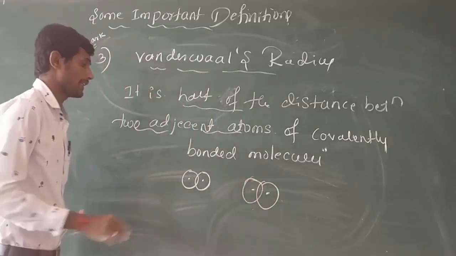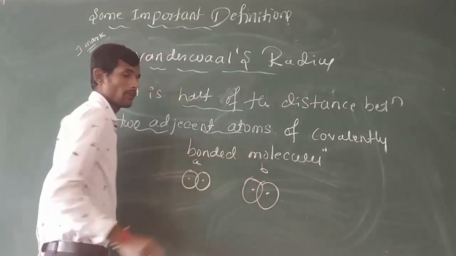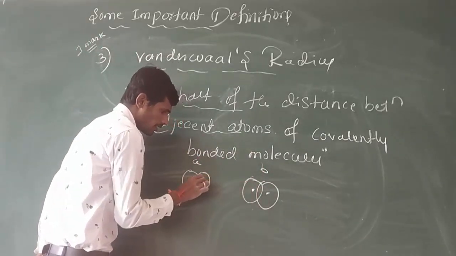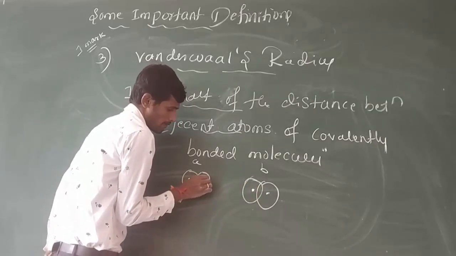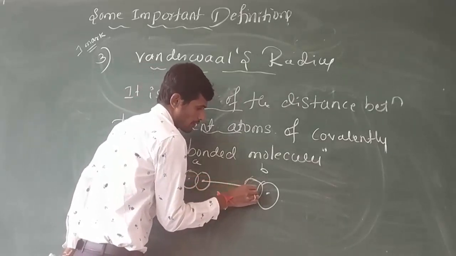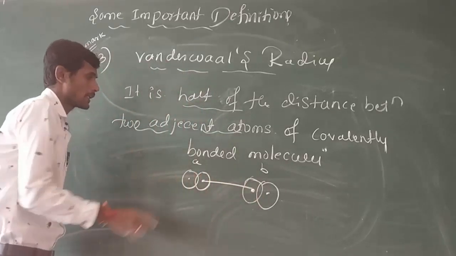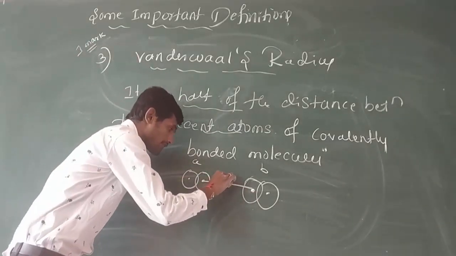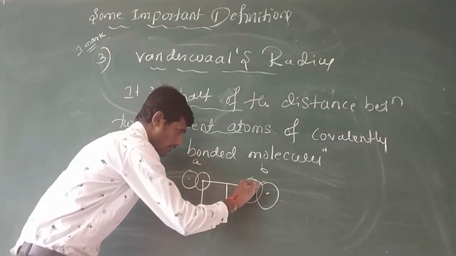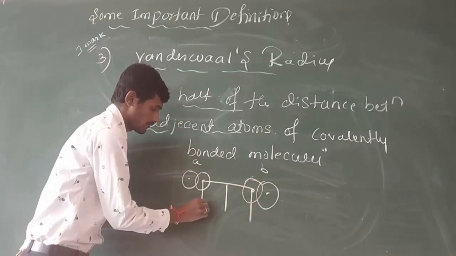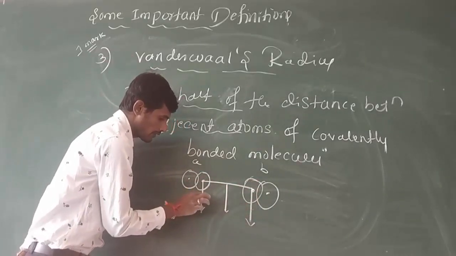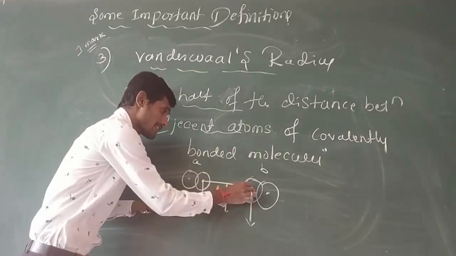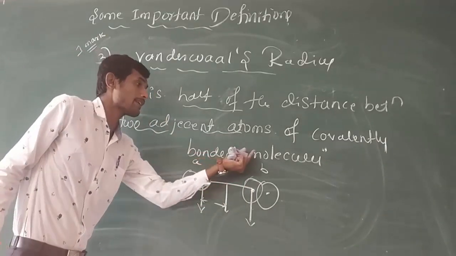Here there is a molecule A and here molecule B. There is a covalent bond present between the atoms of this molecule with this molecule, and half of that distance, the half of the distance between the two adjacent atoms of covalently bonded molecules.